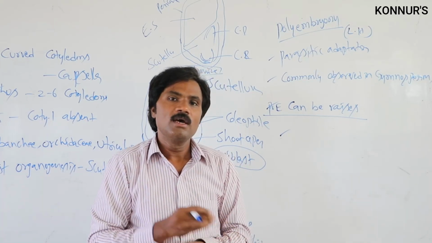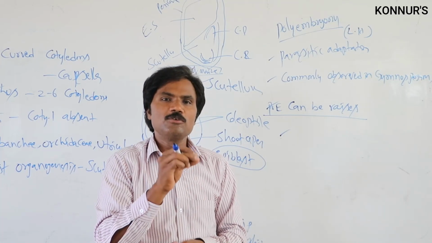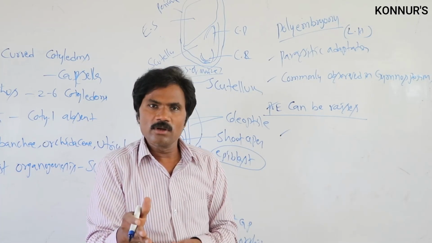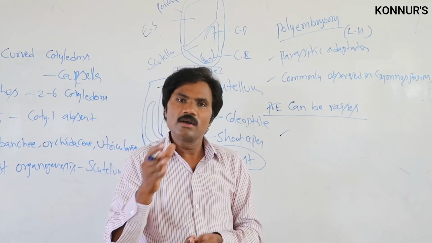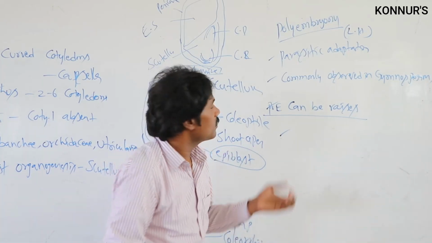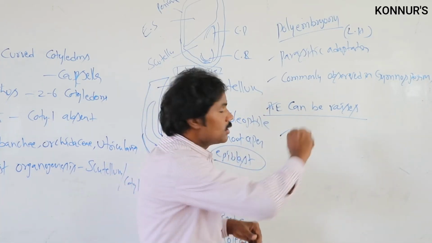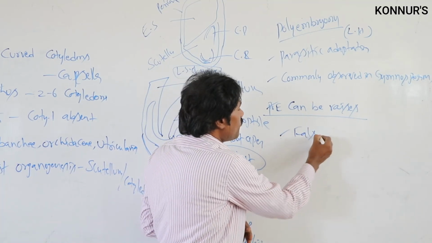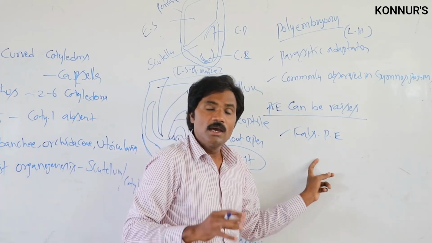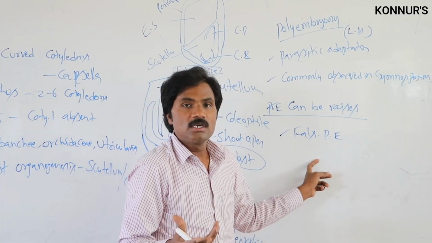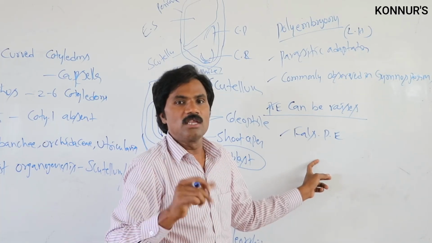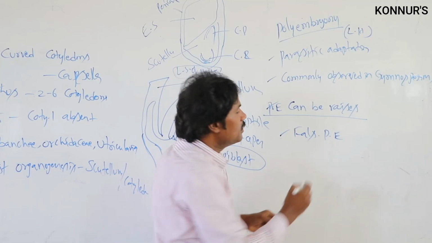Other than the oospore, if the male gamete fuses with synergids, antipodals, integumentary cells, or nucellar cells, that is also possible. That is called false polyembryony. False polyembryony means multiple embryo sacs present in one ovule, and if fusion occurs, we call it false polyembryony.